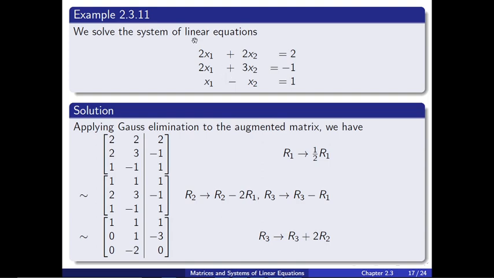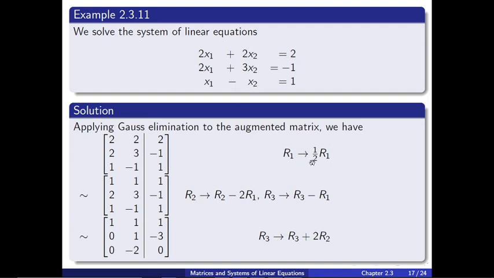So we are given a system of equations, and this one has two unknowns, x1, x2, right? If we apply Gauss elimination to the augmented matrix, the augmented matrix will look like this, just taking all those values and putting them there.